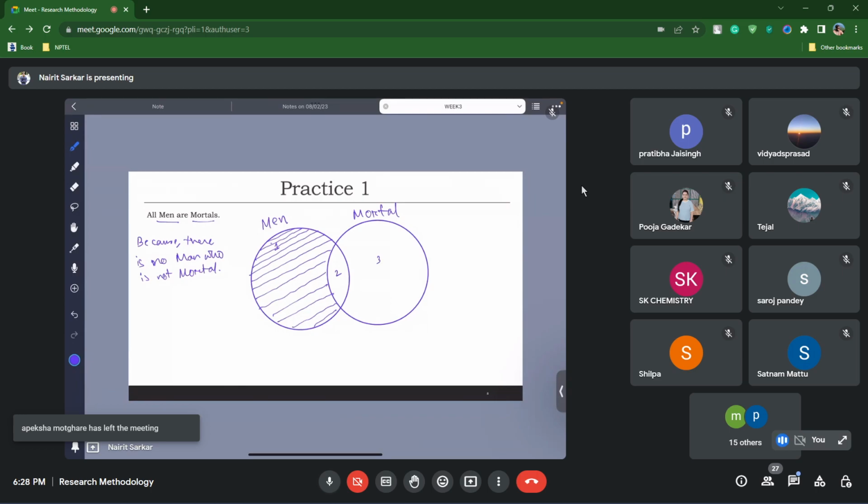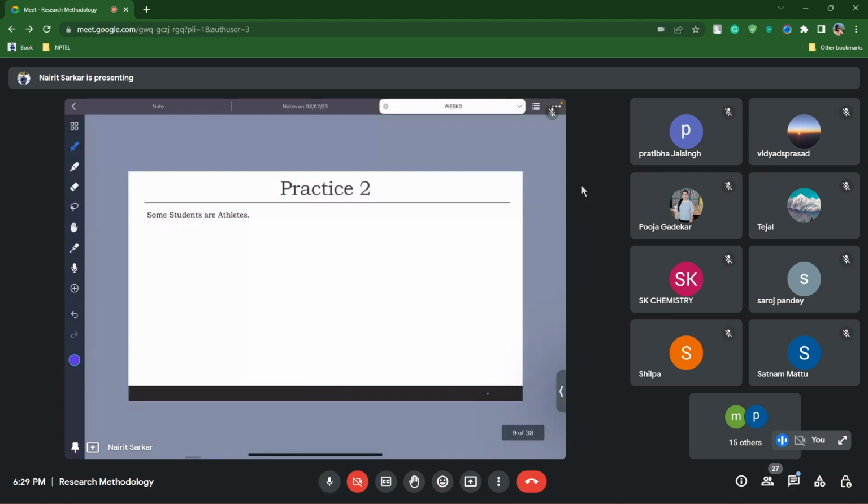So region 1 is empty, and empty means shading. Okay, easy? I think so. Very easy. Then practice 2.